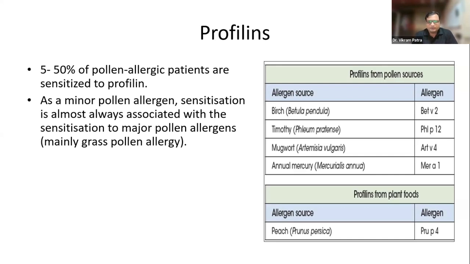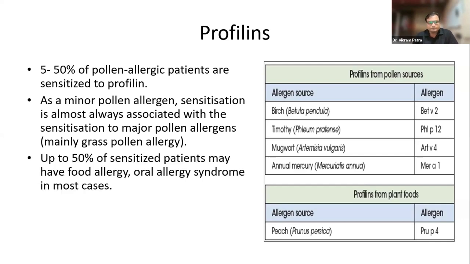But if there is a strong family history, there is a concept called early immunotherapy, where at the beginning of the symptoms or the clinical features, we can start immunotherapy. Studies are going on where we can start allergen immunotherapy to prevent the further clinical course in the preclinical stage in childhood.